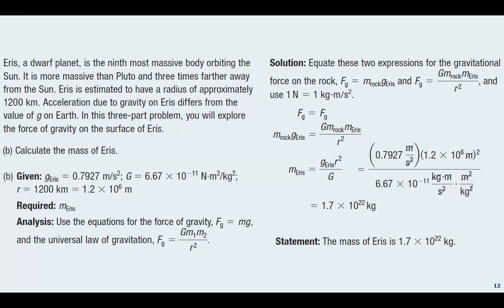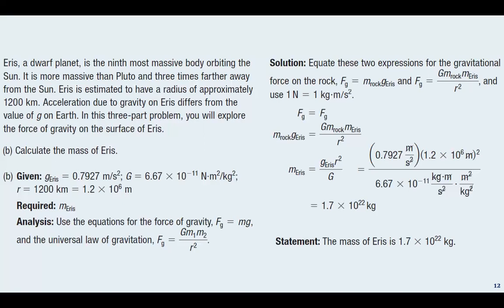Using 1 newton equals 1 kilogram times meter per second squared, we have m_rock times g_Eris equals G m_rock m_Eris over r squared. Then the mass of Eris, m_Eris, equals g_Eris times r squared over the uppercase G.